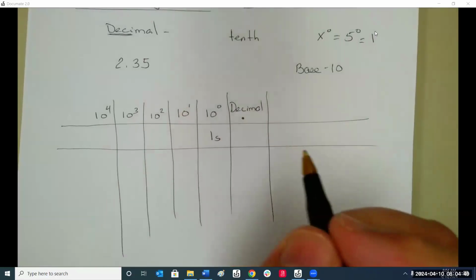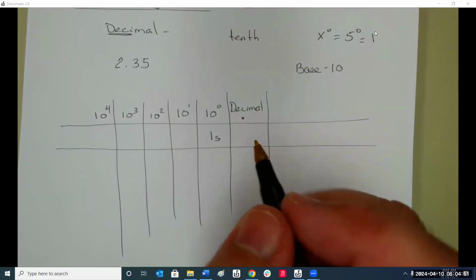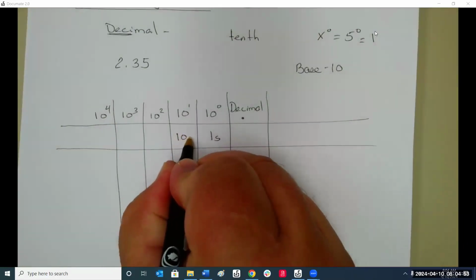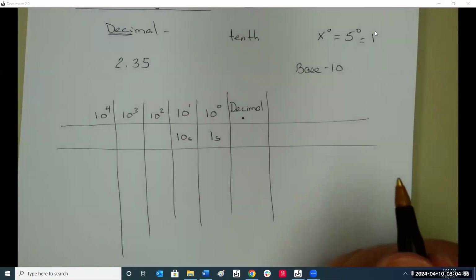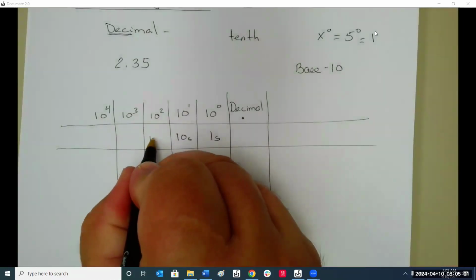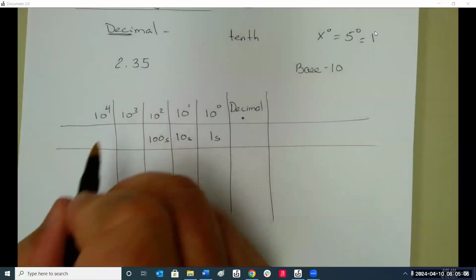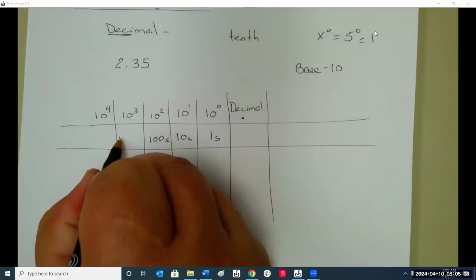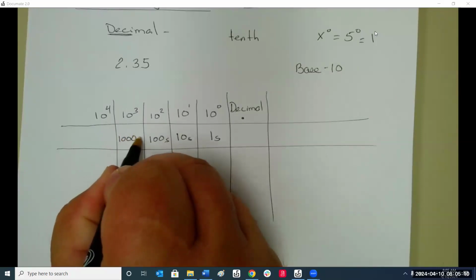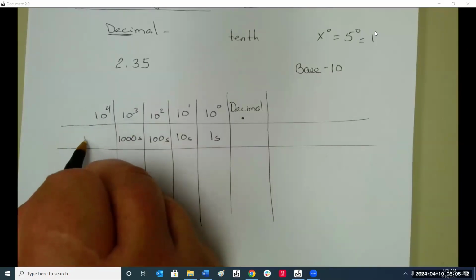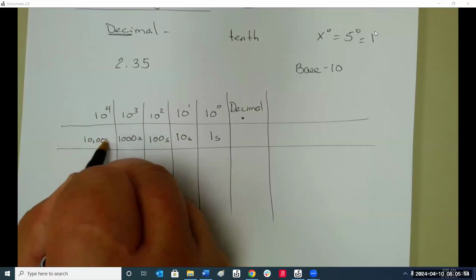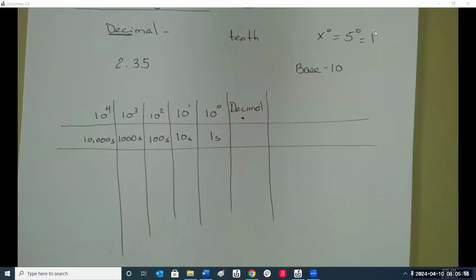What is 10 to the first power? This is the tens column. 10 squared? Yeah. 10 times 10 is the hundreds. 10 to the third is the thousands. 10 to the fourth is the 10,000s.